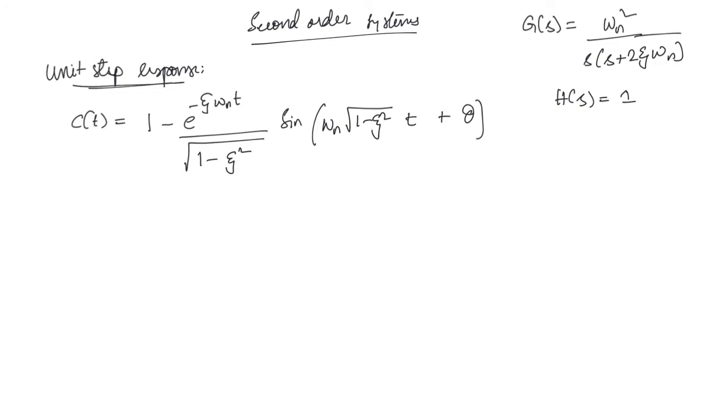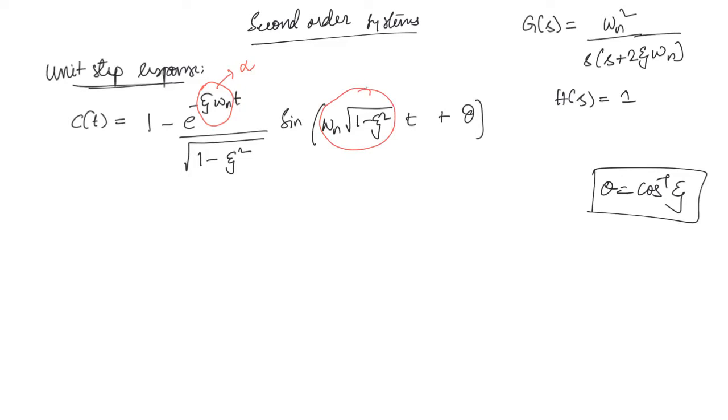Okay, so what was theta? Theta was equal to cos inverse zeta. Now this zeta omega n here, you can take to be a parameter alpha. Okay, so we will see what is alpha, what is zeta omega n. But zeta omega n we take as alpha, and omega n root over 1 minus zeta square we take as omega d.